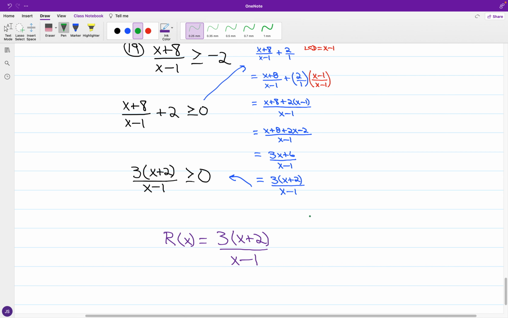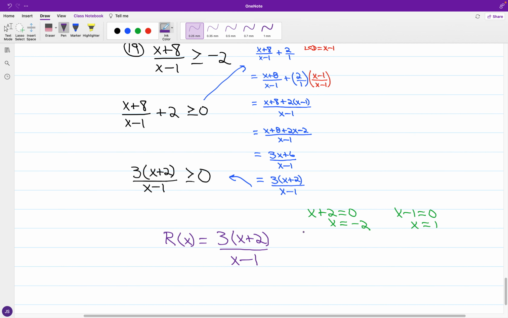Okay, so for our 0 terms, if x plus 2 is equal to 0, we have that x is equal to negative 2. In the denominator, okay, so you have x minus 1 equals 0, and we have that x is equal to 1.